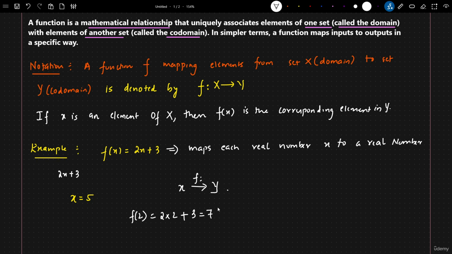This indicates that the function f of x is mapping a real number to another real number, which is 7. This also belongs to the real numbers. This is what it actually means.